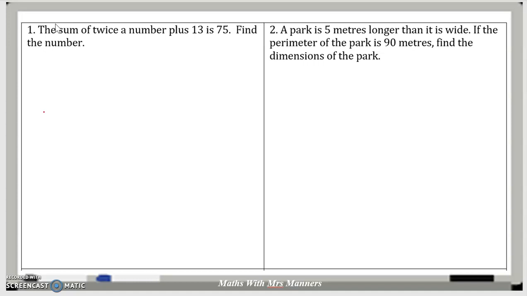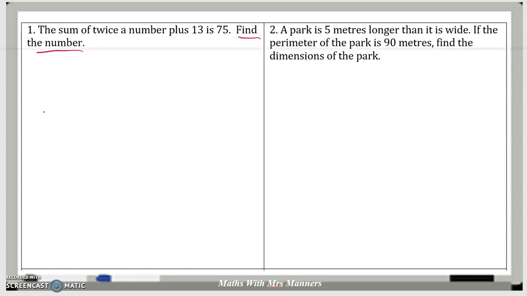The sum of twice a number plus 13 is 75. Find the number. So usually when I'm solving a word problem involving equations, you need to have something called a let statement. And the let statement defines the pronumeral in the question.